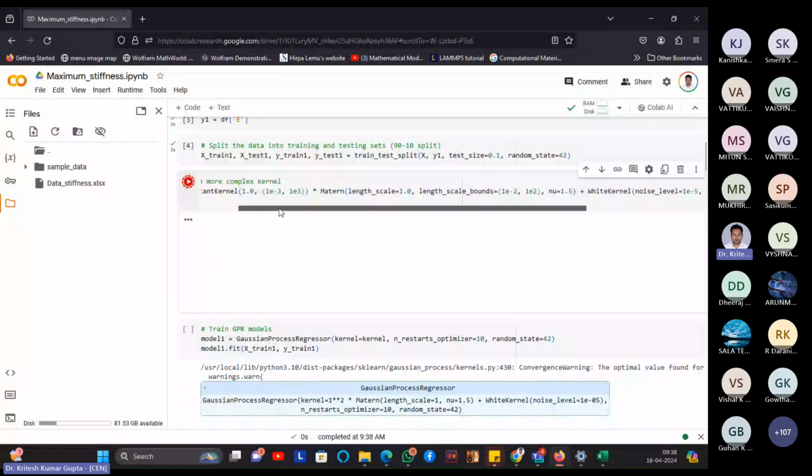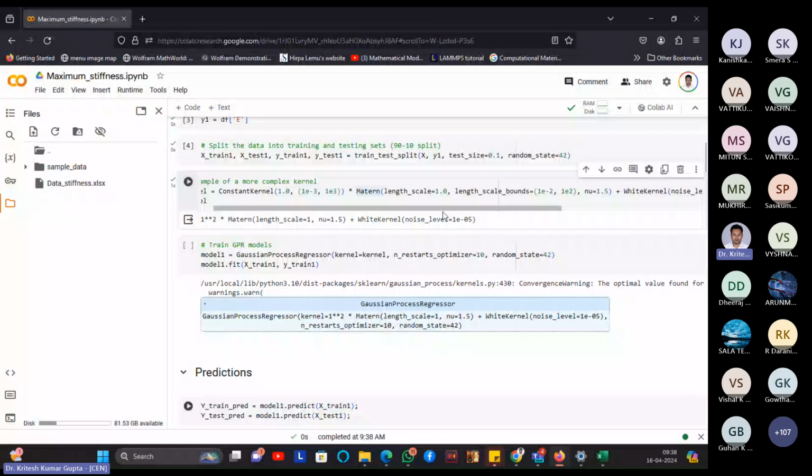I'm just using some customized kernel over here with a constant kernel value, Matern, and white kernel. So this kernel looks something like this over here: 1 raised to 2 into Matern, length scale 1, nu is given 3 by 2. So this kernel is known as Matern 3 by 2.